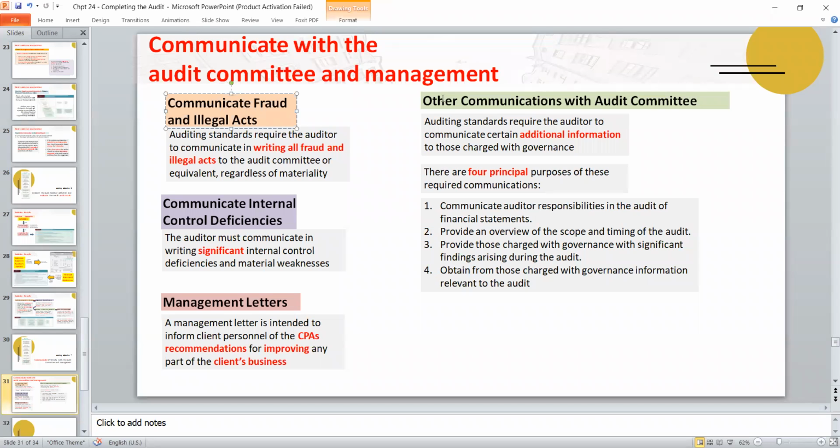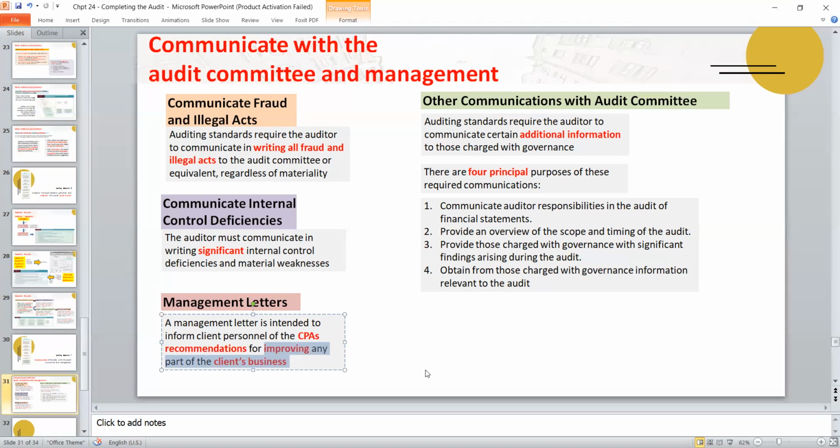Okay. And for the other communication about additional information, like I said before, the management letters intend to inform the client of the CPA recommendation. Jadi rekomendasi dari kantor akuntan publik for improve the client business.